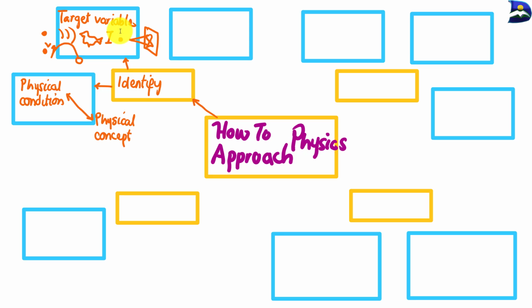And finally, for identification, is listing the known variables. Some of them might be a deviator, which can sway you away, or a distraction from the question, but identifying the true known variables will be essential for your success in determining the target variable.